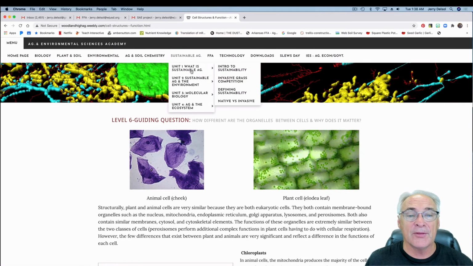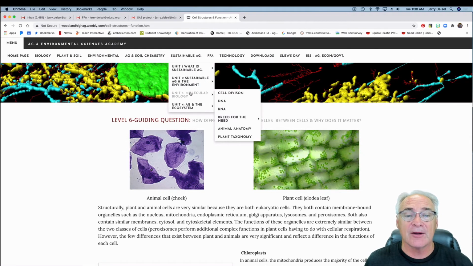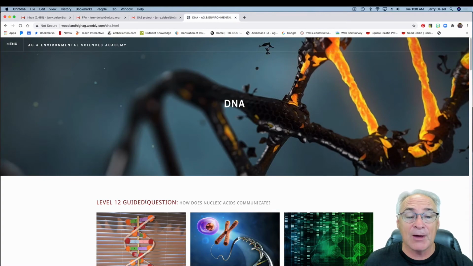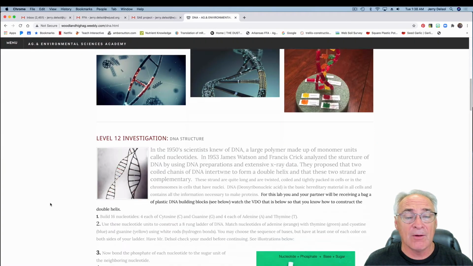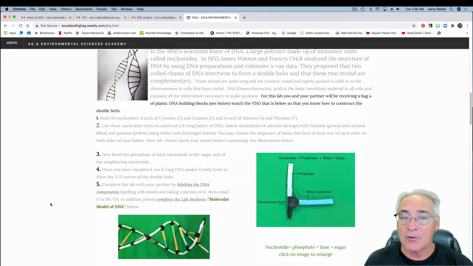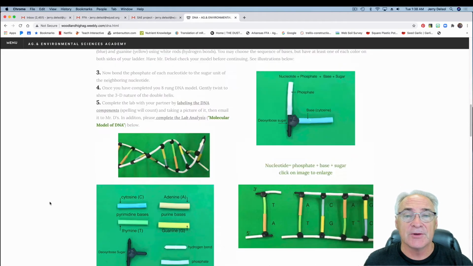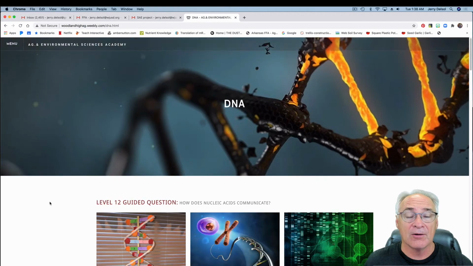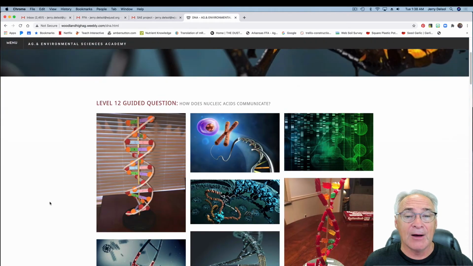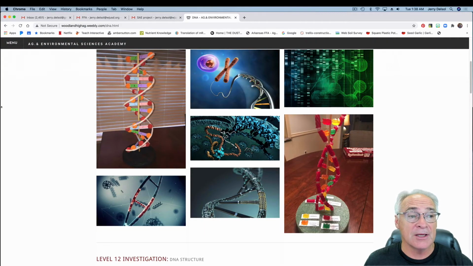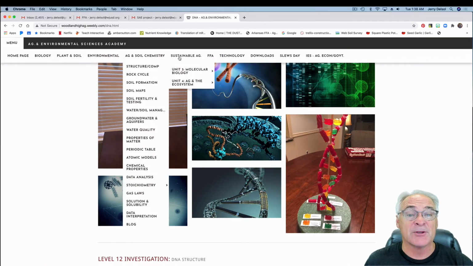As we go through the third part, the molecular portion, we take a lot of time on DNA and RNA and how that works, because right now a lot of our improvements in crops come through genetics. So they need to understand how things are manipulated and used in agriculture from that perspective.